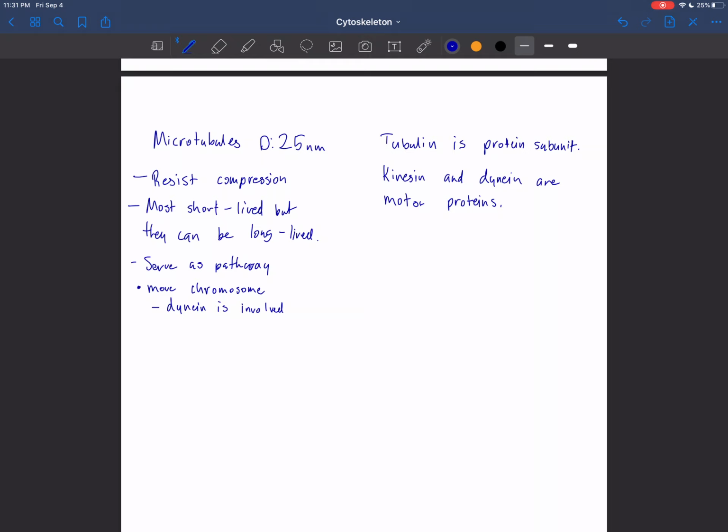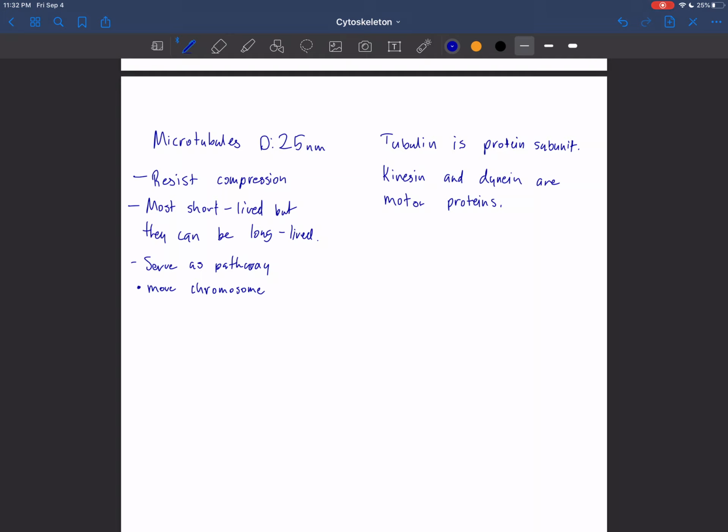I'm sorry, I'm not too sure about that, actually. Let me not say that. However, there is a motor protein involved, and I'm just not sure if it's dynein or kinesin. I want to say it's dynein, but I'm not too sure. Basically, those move the chromosomes, maybe pull them apart to where they need to be.